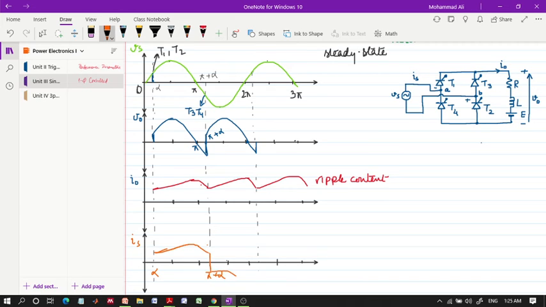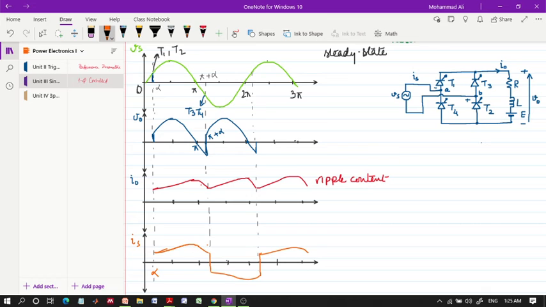Sorry, I should rub this off. I should go like this. Sorry again. I'm trying to build it like this. Then it should go like this, and it should go like this. So this is how the input side current will look like.